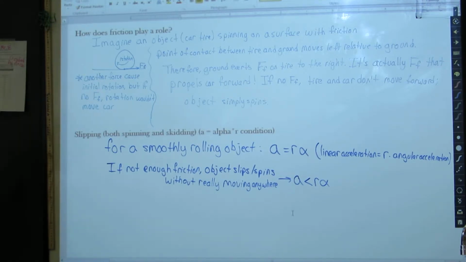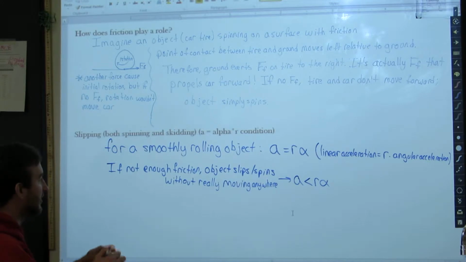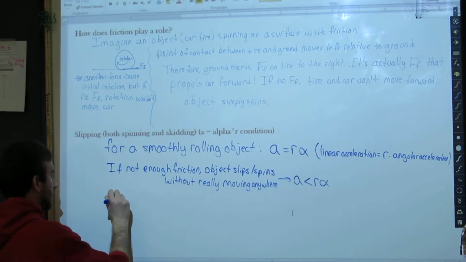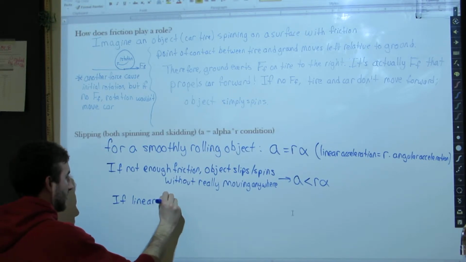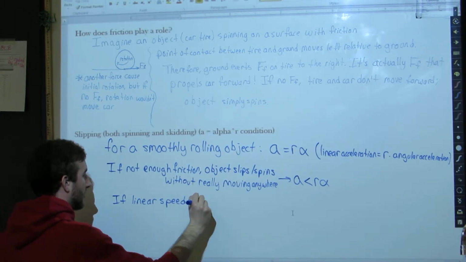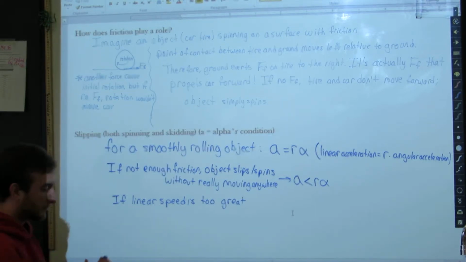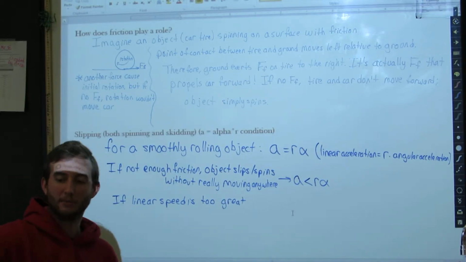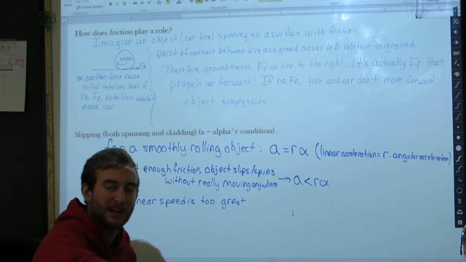There's another case. What if there is too high of a linear speed? You might get a case where an object is moving so fast that it does rotate a little bit, but it's also skidding at the same time.